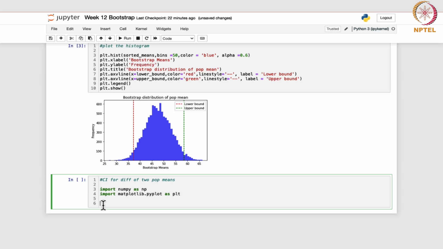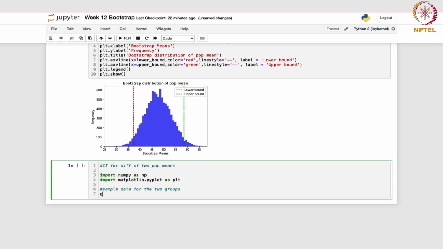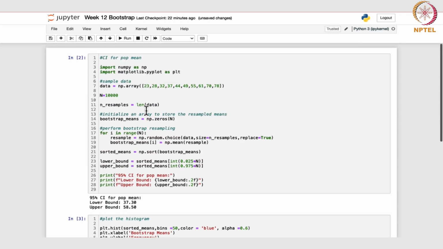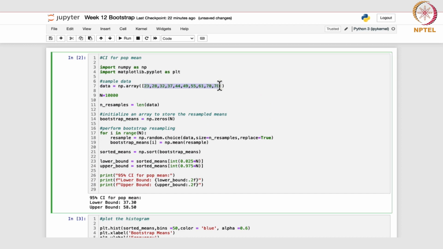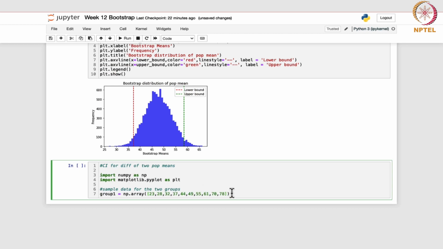After this, let us write the sample data for the two groups. Let me write for group 1, np.array. I can use the same one for the first data set, first population, and you can simply rewrite this.